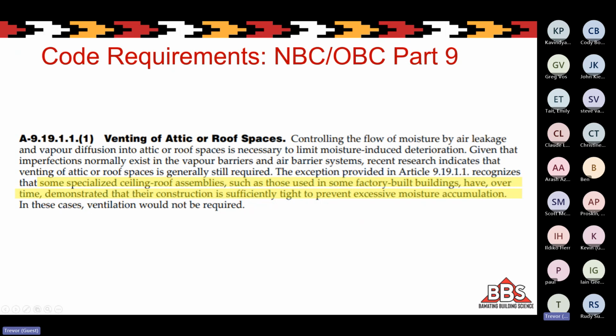So it is recognized in the code that it's possible to not ventilate. These are rarely used in the code, but I found it interesting that the reason they chose to accept that is because there's just a track record that these work, not that there's really that much science to explain it. I would prefer to go the opposite way and look at the science side of it.